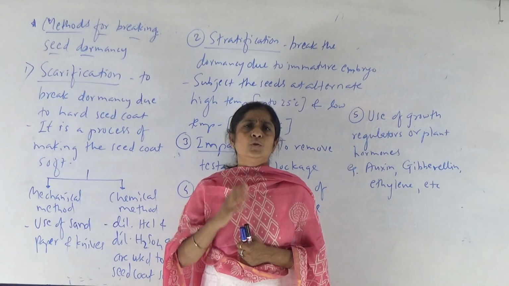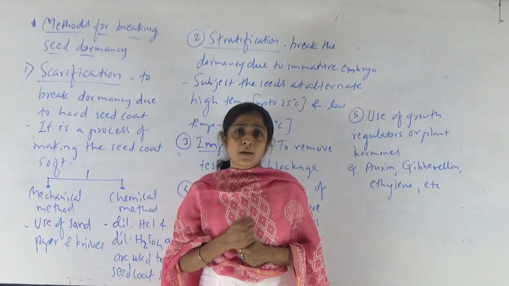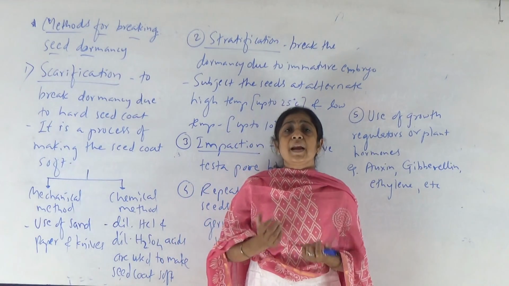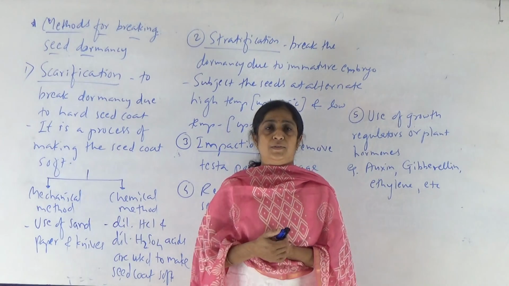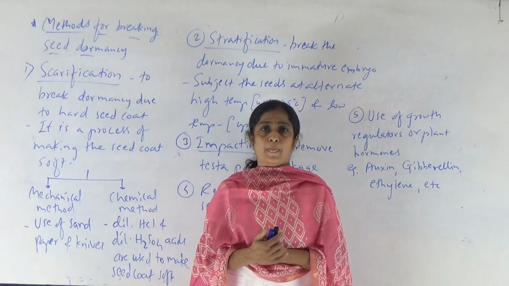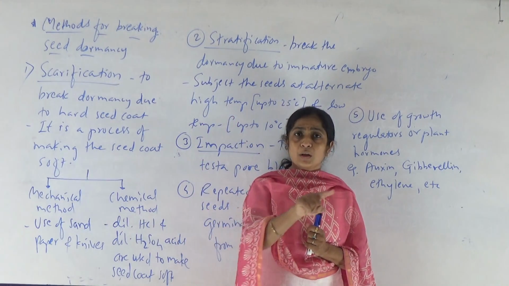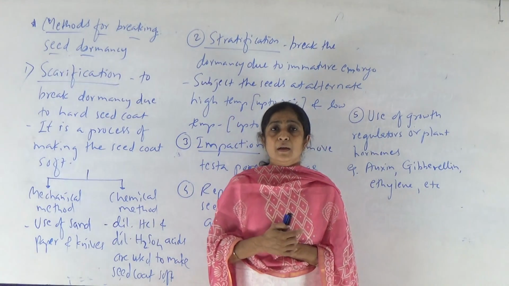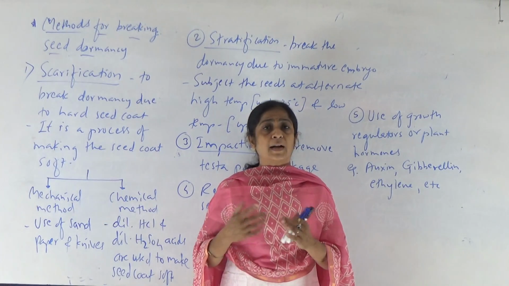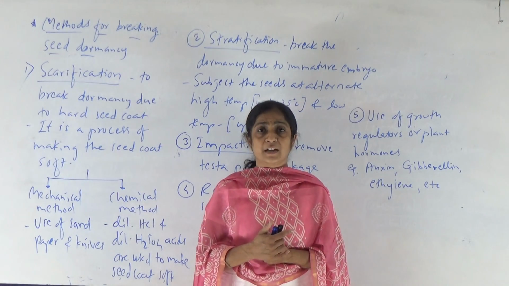There is one novel method observed. Many animals eat fruits along with seeds which have a hard seed coat, and then these seeds travel through the whole gut of that animal. We know very well that in the intestine different kinds of enzymes are secreted by the gut cells.